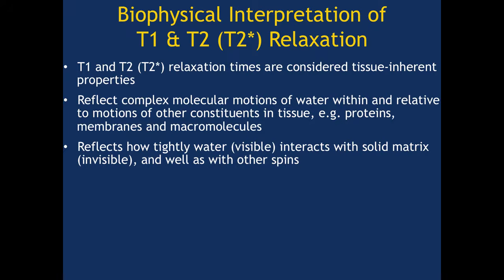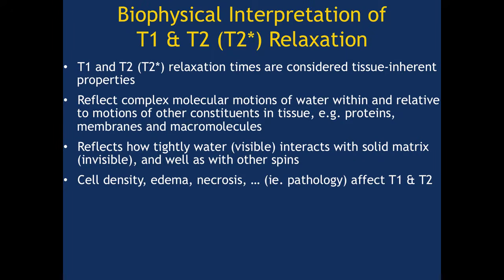It's the relative interaction of our signal source, water and fat, with this solid matrix that is invisible, that controls these different relaxation times. Most importantly, disease, changes in the cellular density, edema, inflammation, necrosis, that is pathology, affects the T1 and T2 of tissues. This allows us to detect disease amongst normal surrounding tissues.